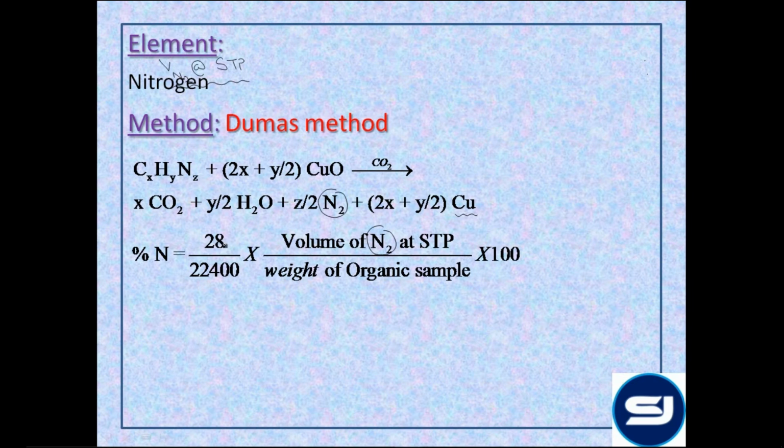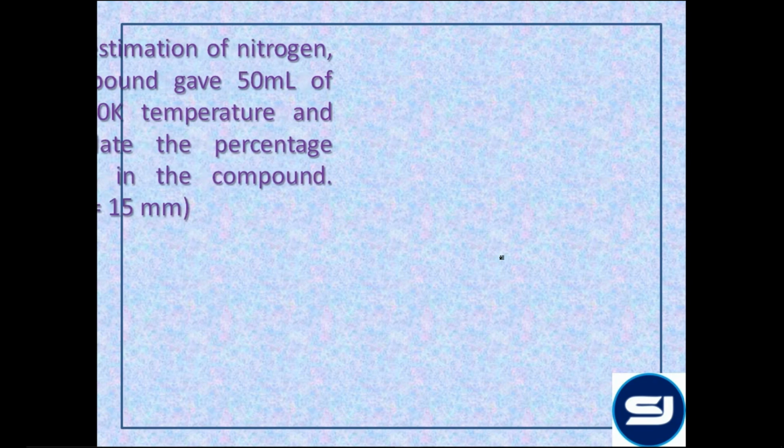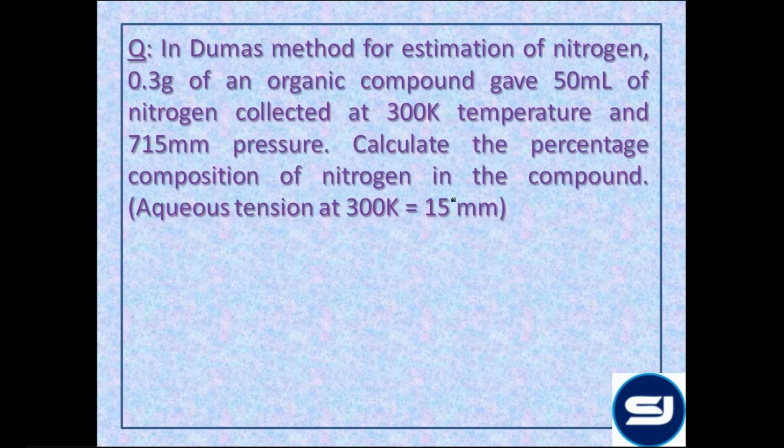In Dumas method, percentage of nitrogen is estimated as 28 upon 22,400 into volume of nitrogen at STP upon weight of organic sample into 100. So it will be clear once we look at the example. So this is the example.